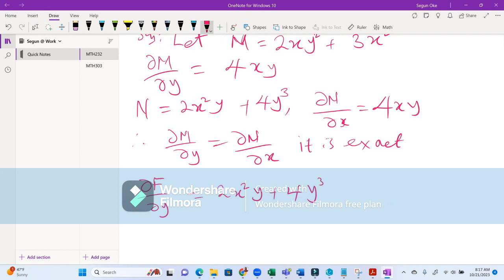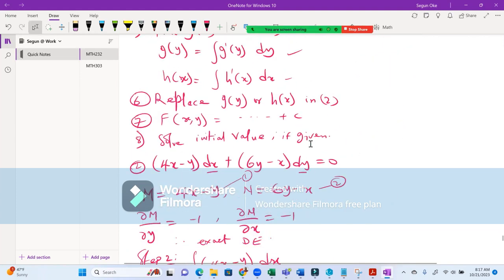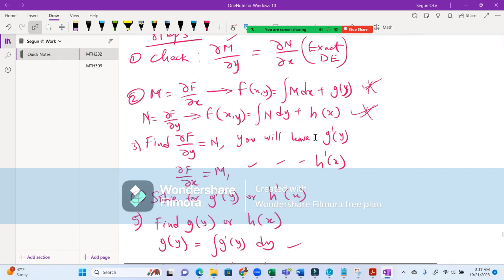Now that we have this, we need to integrate both sides with respect to y. Look at this. Let's go back to step 2. Which of them are we using?